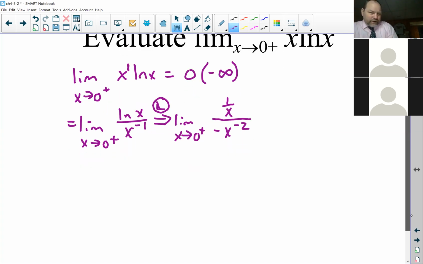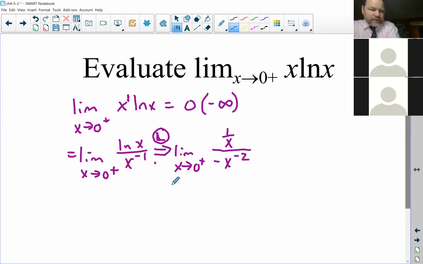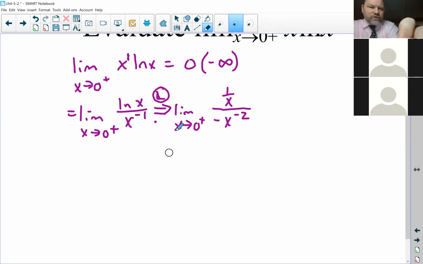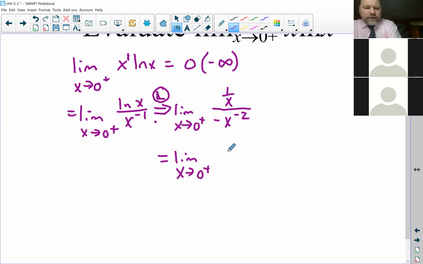I am going to rewrite this. So we get the limit, oops. Now it's an equal sign because I'm not using L'Hopital again, as far as I know. One over x.